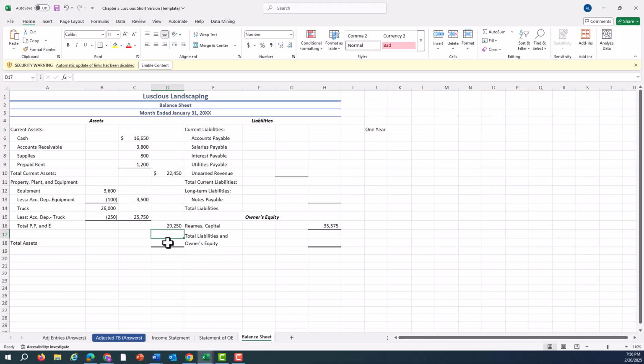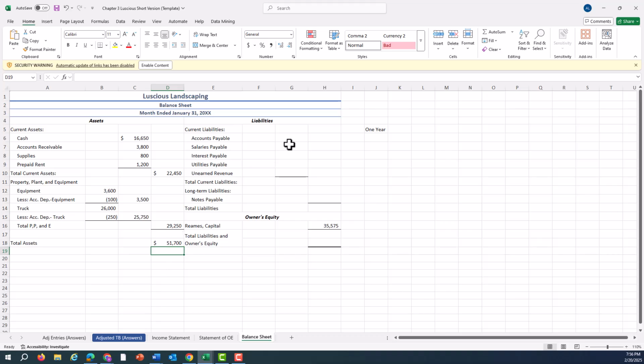But all in all, our total assets, we have $22,450 of current assets and $29,250 in PP&E. Luscious Landscaping has $51,700 worth of stuff that they can utilize to help them provide the service that they do, landscaping people's facilities, to be profitable in the future. That is what we own.